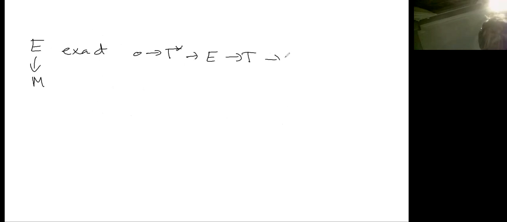So what happens is that if I take an E over M, which is exact, then I can take an isotropic splitting S of the sequence which defines my exact Courant algebroid. This is the isotropic splitting, so it means that the pairing of S with S is going to be 0.